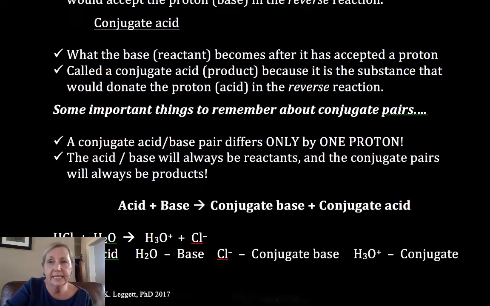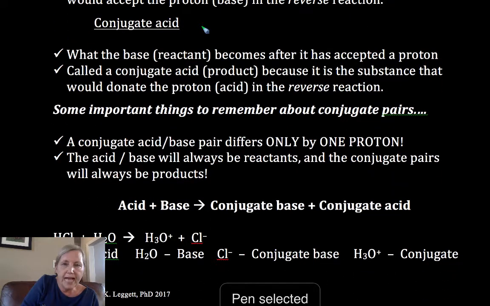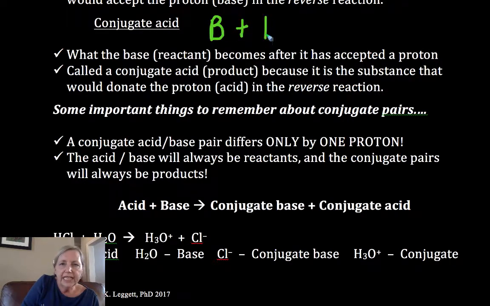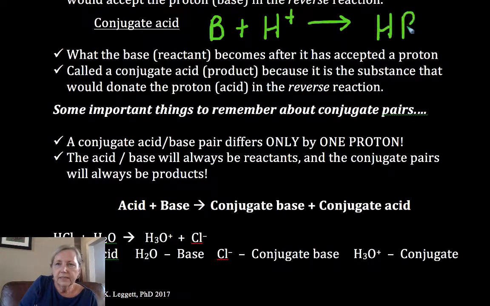A conjugate acid forms from a base. So when bases do what bases do best, so I'm just going to call that a B, they like to gain an H plus. So in this case, just a simplistic generalized form, this is my base. What is formed is called the conjugate acid.